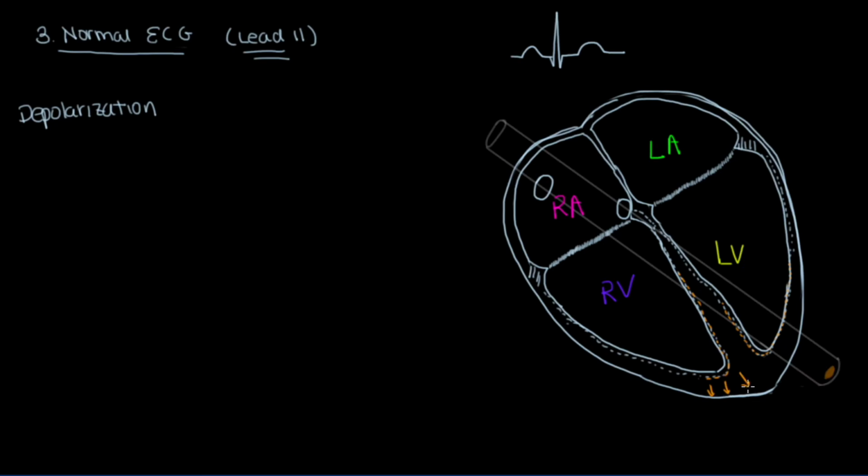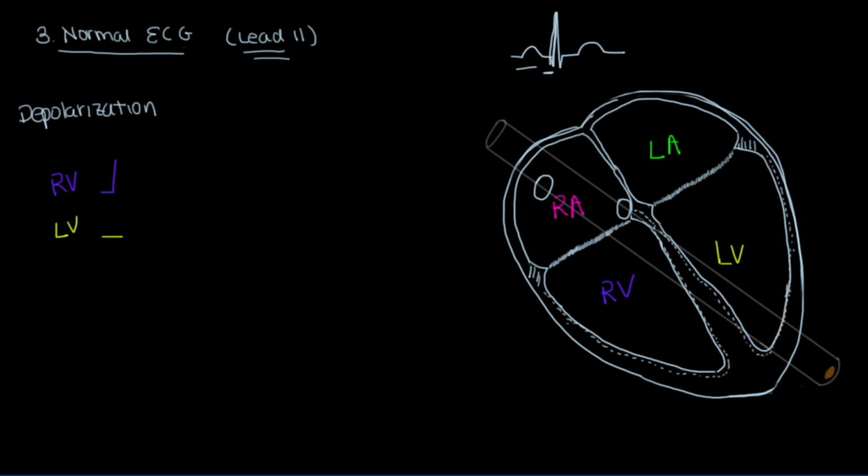So it's down here in this way. So if we were to break down the right ventricle and the left ventricle, the same way we did with the right atrium and left atrium before, you will see that the right ventricle has started to depolarize a little bit. So it had been resting before and now is depolarizing. Meanwhile, the left ventricle has not depolarized yet at all. So it's actually just resting at the moment.